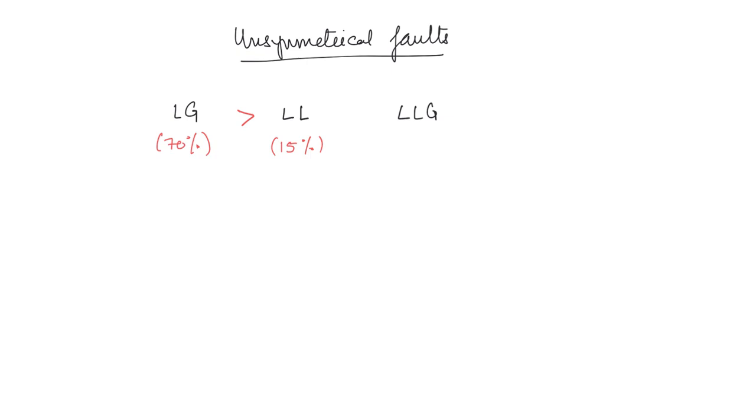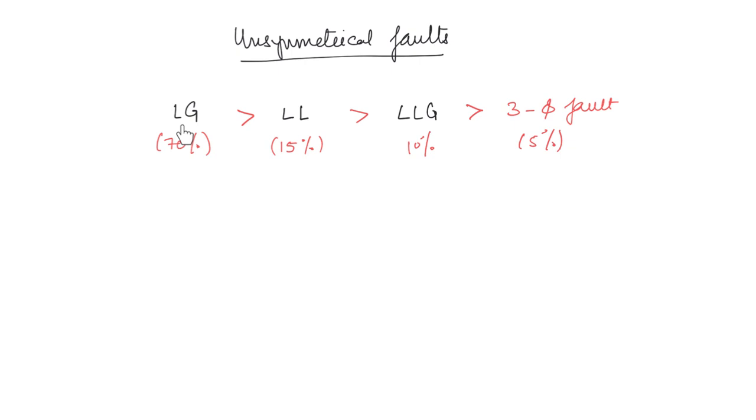So this is just approximate. Next, double line to ground fault, they occur about 10% of the times. And finally, we have the three-phase symmetrical fault. So the percentage of occurrence is about 5%. So we will deal with these faults one by one.